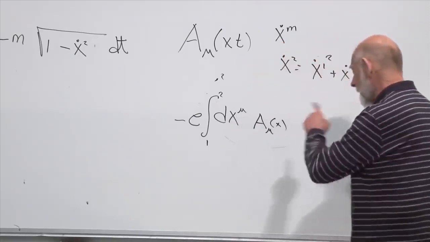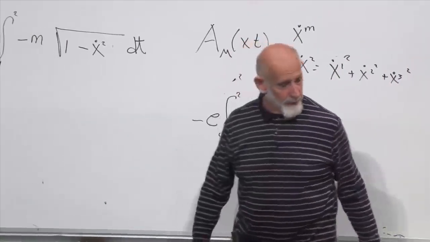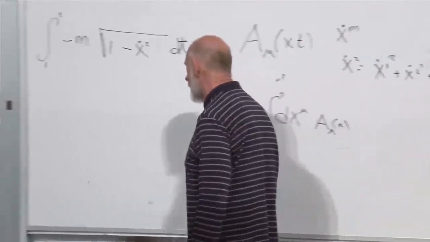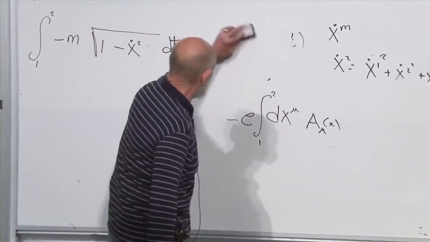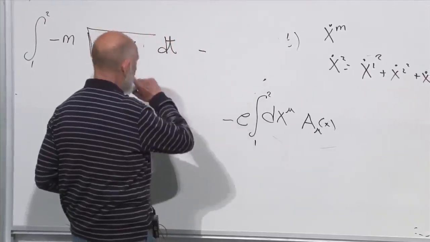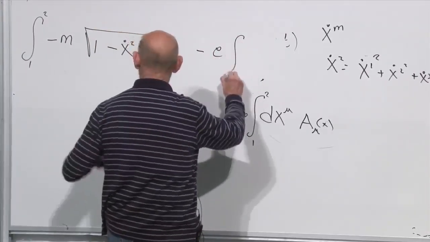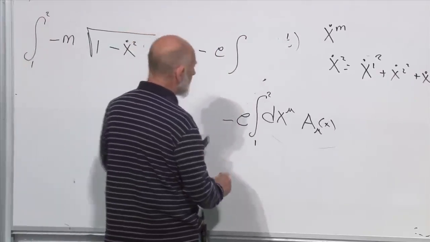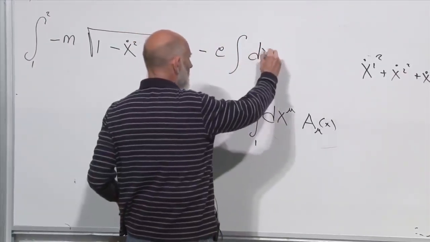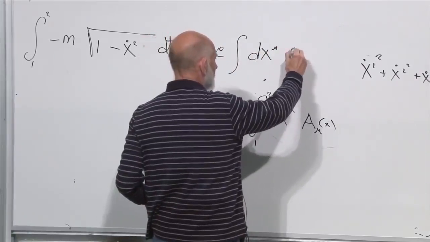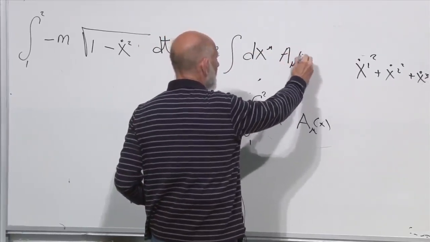Yeah, okay, so there's a minus sign. So here's the other term in the action of a particle moving in an electromagnetic field. Let's write it up here. Minus e times an integral from the same point from 1 to 2 dx mu A mu of x.